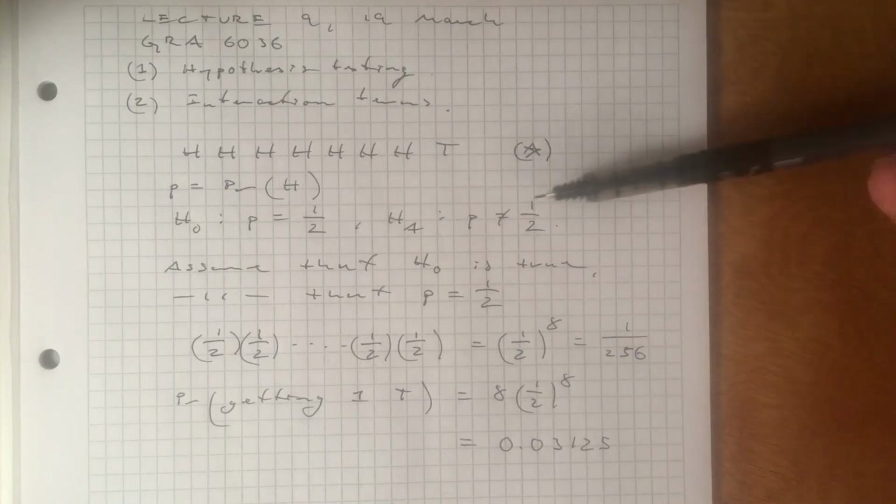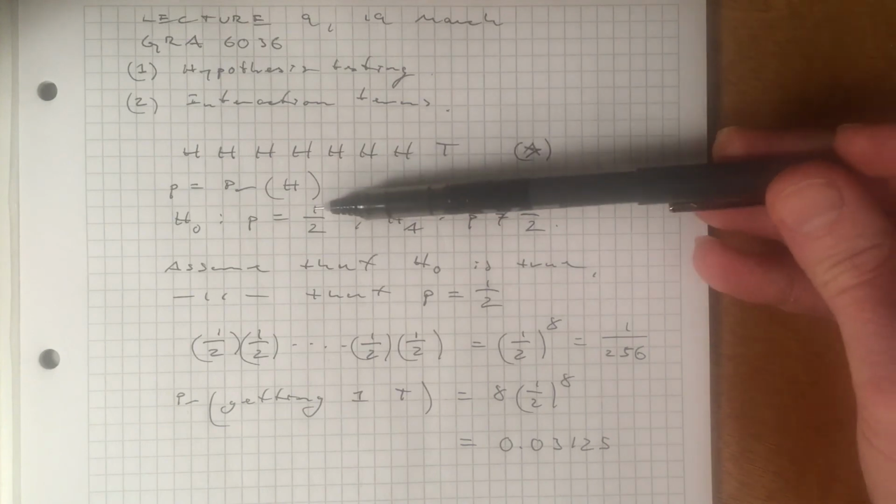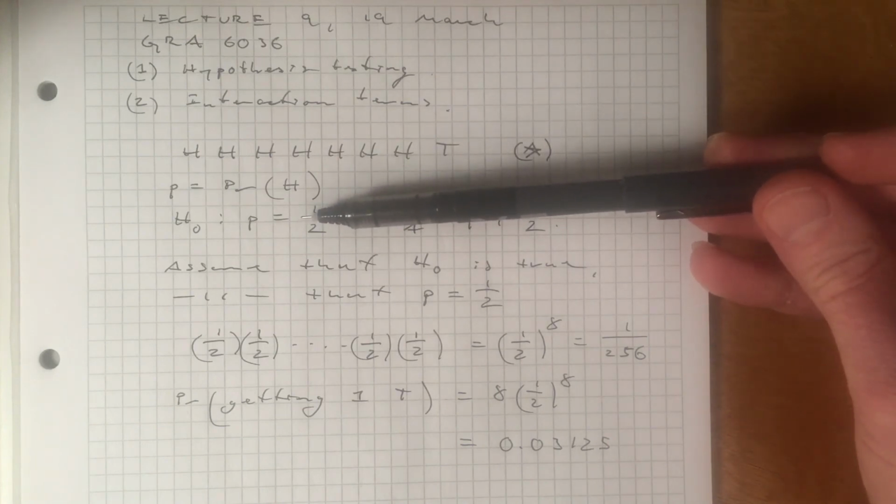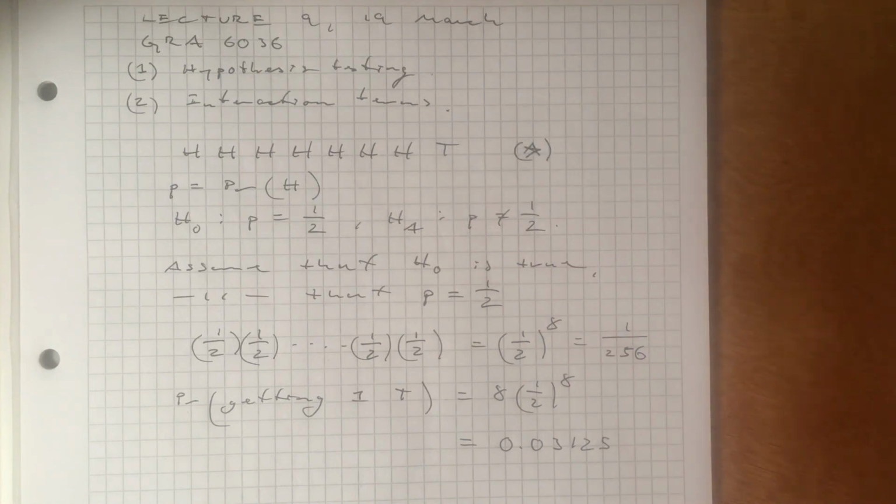You still haven't really made up your mind about what you should think about p, other than that it's not equal to 1/2. But you probably stop believing that it's 1/2. So this is the intuition behind all hypothesis testing. And in the next video, we'll translate this to a regression example.